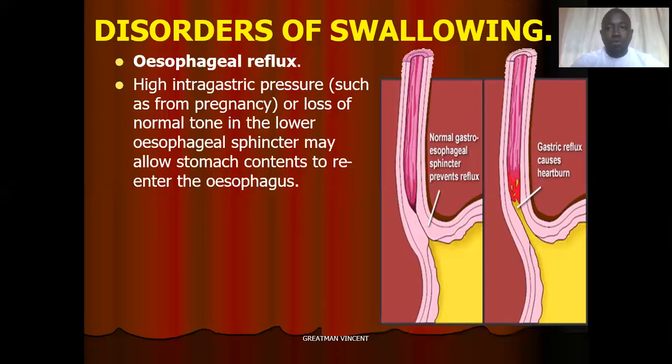With tonic contraction, the muscle is continuously constricting or contracting unless presented with a stimulus for it to relax. So if there is no stimulus presented to the upper esophageal sphincter as well as the lower esophageal sphincter, then it is not going to relax. They undergo tonic contraction.